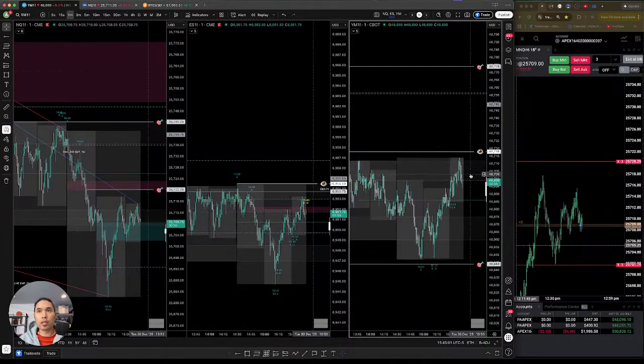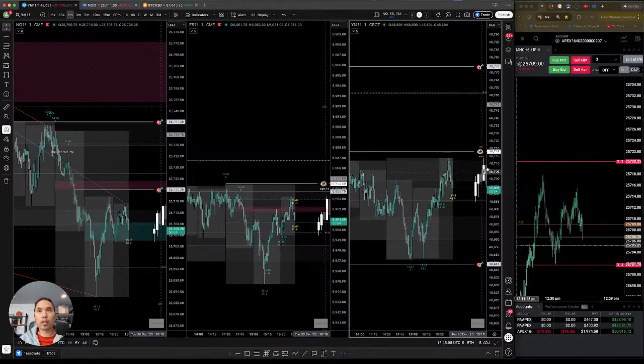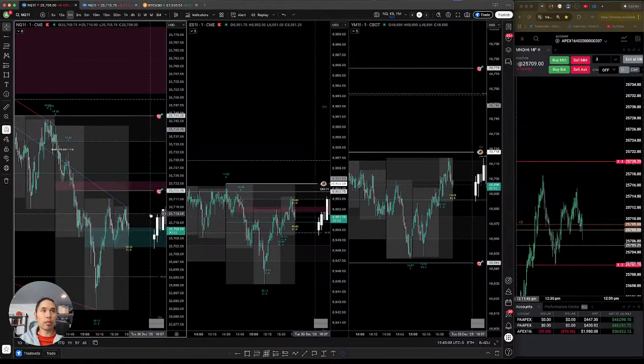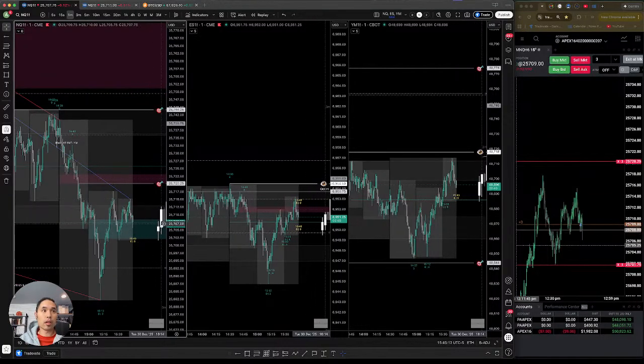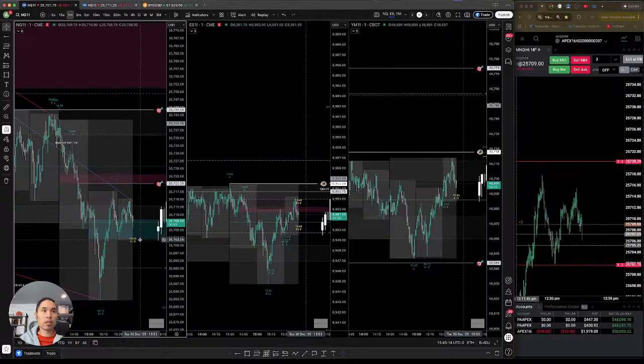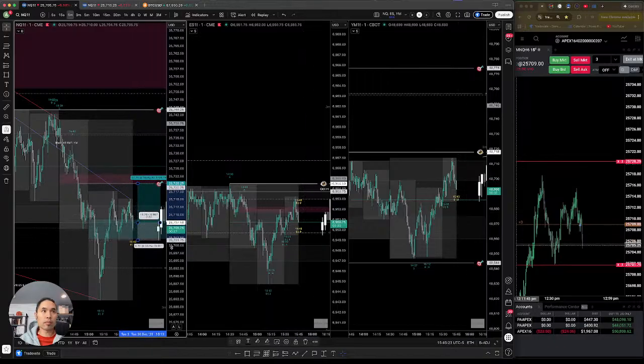I need to see YM really displace higher. I don't want to see YM close below these lows. You kind of know I'm in the wrong because there's a 45 candle. Let's see if we draw higher. My stop is right here, so kind of like right there. Play something like this.